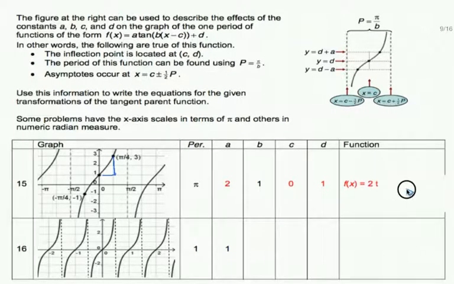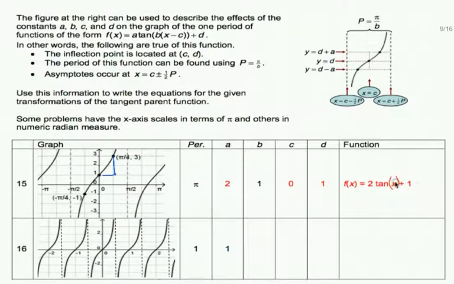Okay? And so my equation is going to be my A value, which is 2, times tangent of x, plus 1. And notice that this worksheet does not put parentheses around the x, but hopefully most of you realize that.